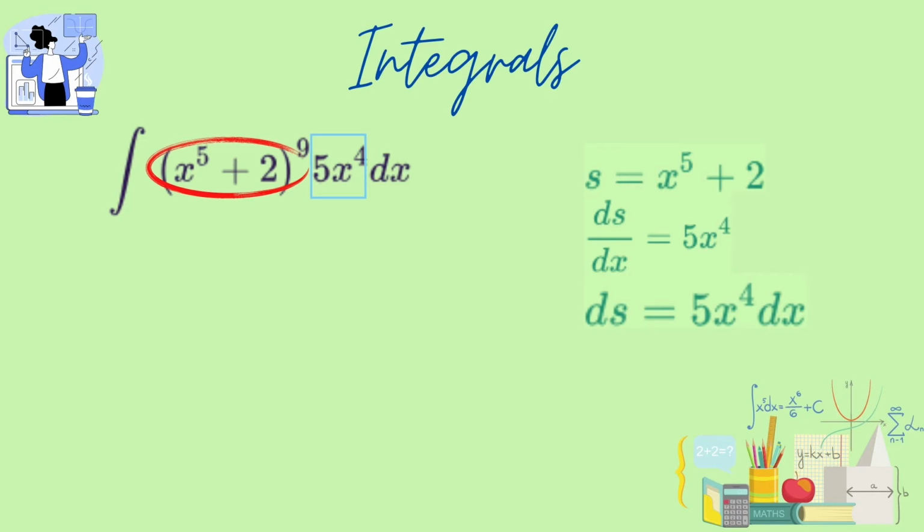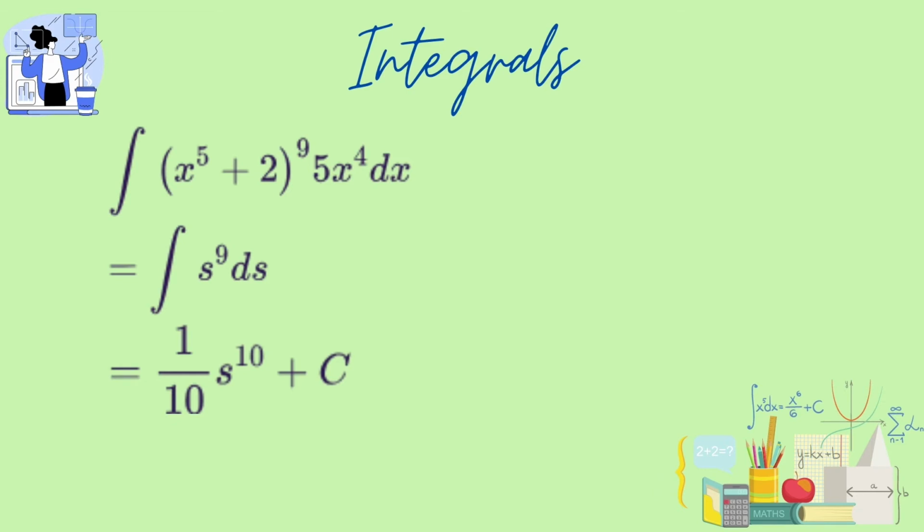Substituting s, we will now find the antiderivative of s to the 9. This results to 1 over 10 times s raised to 10 plus the constant c. Replacing s with x to the fifth plus 2, the final answer is the quantity x to the fifth plus 2 raised to 10 all over 10 plus c.